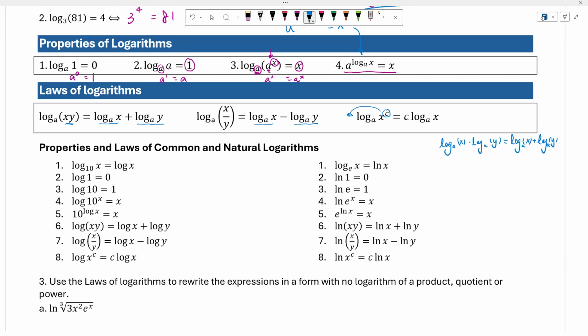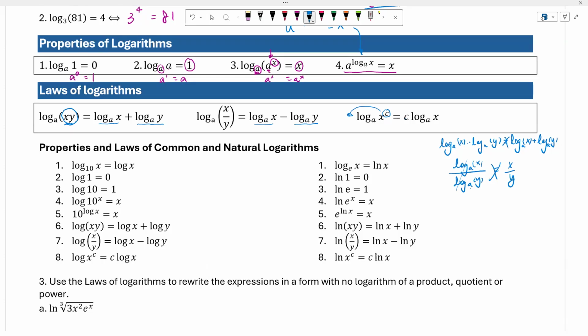The law is log base a of x times y, not the multiplication of 2 logs. Or sometimes I have seen students feel that if they have log base a of x divided by log base a of y, these two cancel, so the answer would be x over y. Again, this is a common mistake. Try not to do this. We only have these three laws to work with.